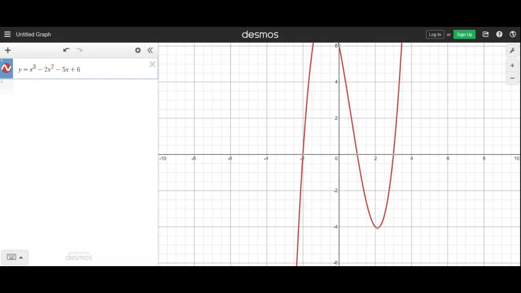Now, we're going to have to use intervals for this because there's multiple places where we actually have values that are greater than 0. So what would one of those intervals be where we have values that are greater than 0? I'll put my x-intercepts back on here.